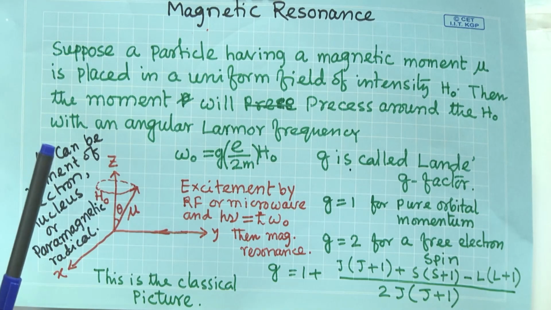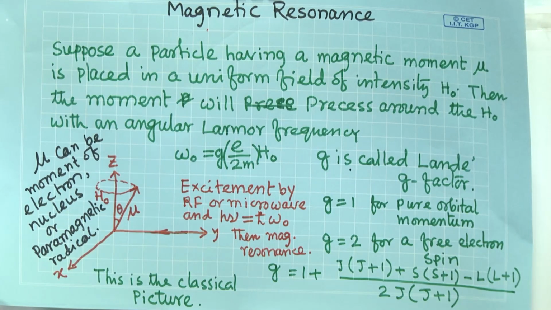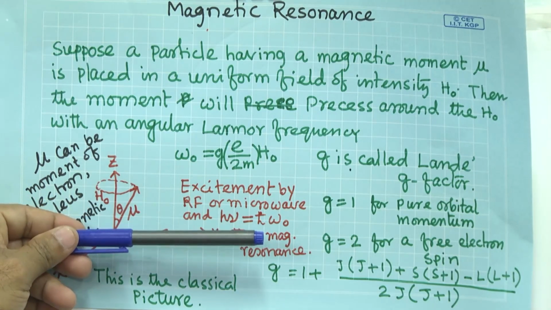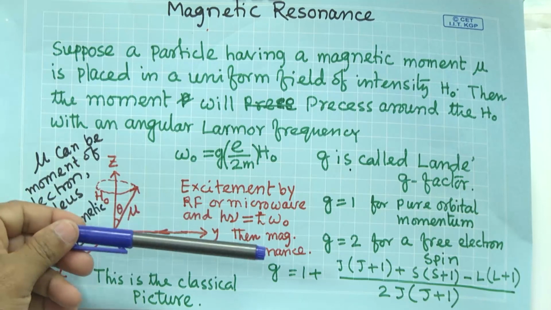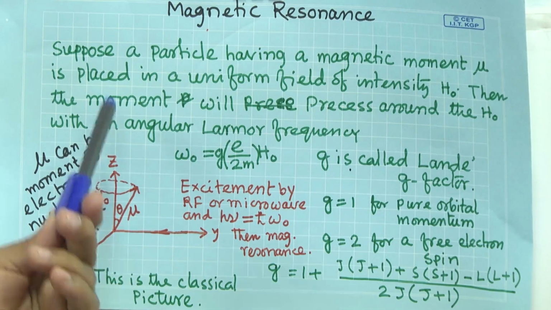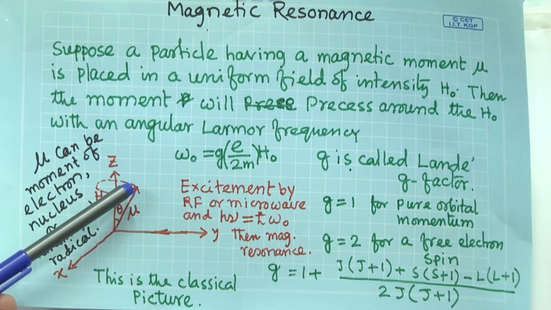Now, if along the y direction you apply a very weak magnetic field, and this magnetic field is rotating in the xy plane, taking the z axis as the axis, then what will happen?